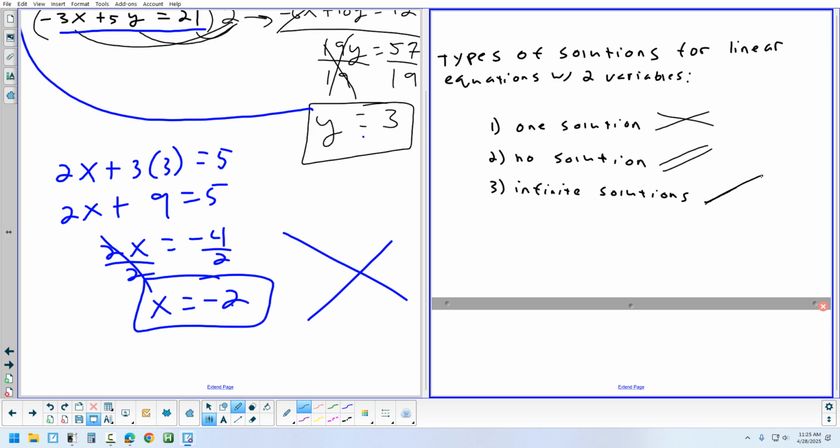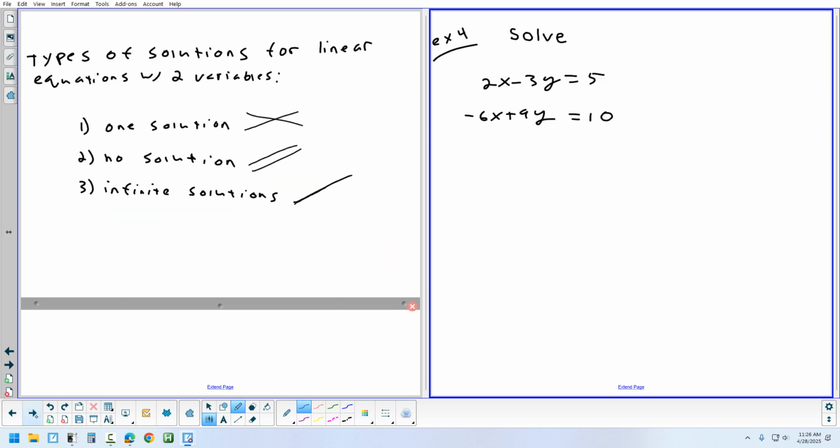Now, we're not actually sketching, but I think if you think of it as a sketch, it helps you to visualize the 3 things that can happen. So let's try to solve this one, just like we did the last one. Let's use elimination. But this time I don't think you're going to have to multiply both equations, just one.